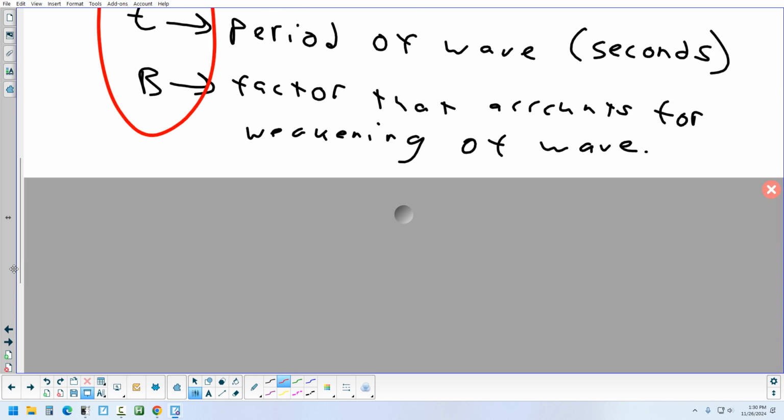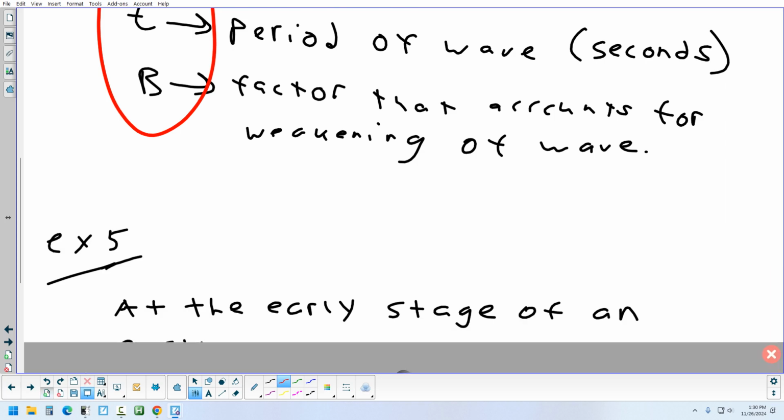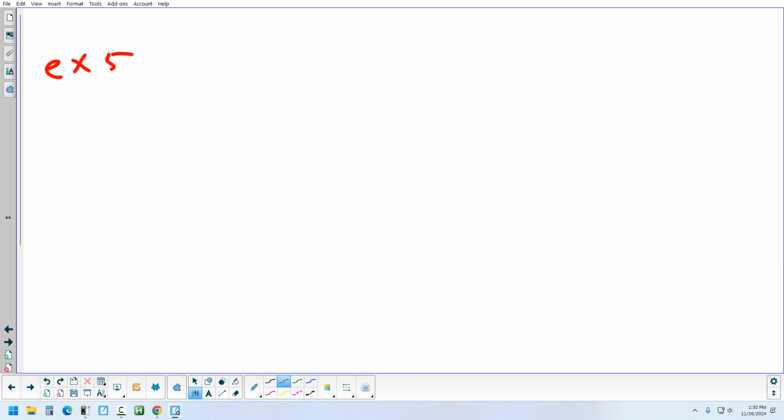So let's try an example. Example 5: find the magnitude.